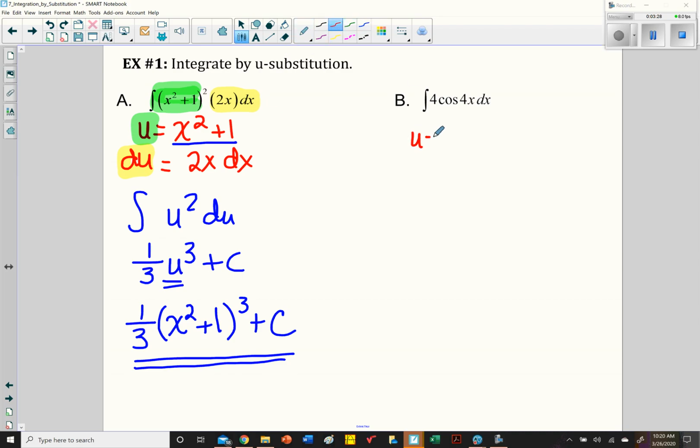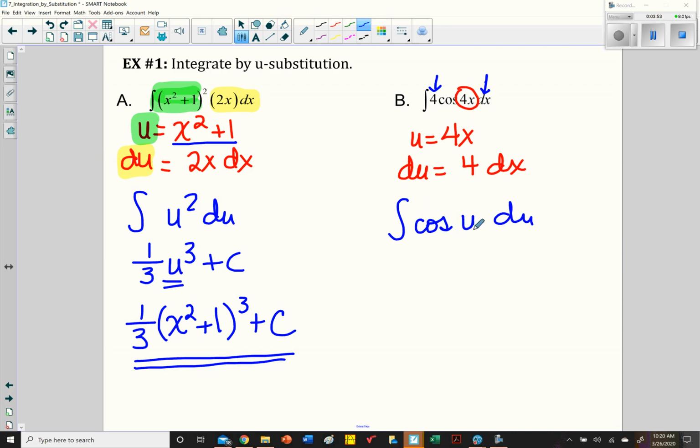U-substitution for that function. Okay, let's give this one a try. My u is going to be the inside piece, this argument 4x. Since the derivative of 4x is 4 dx, we can replace the 4 here and the dx here with du, and we can replace the 4x for the cosine argument as cosine of u.